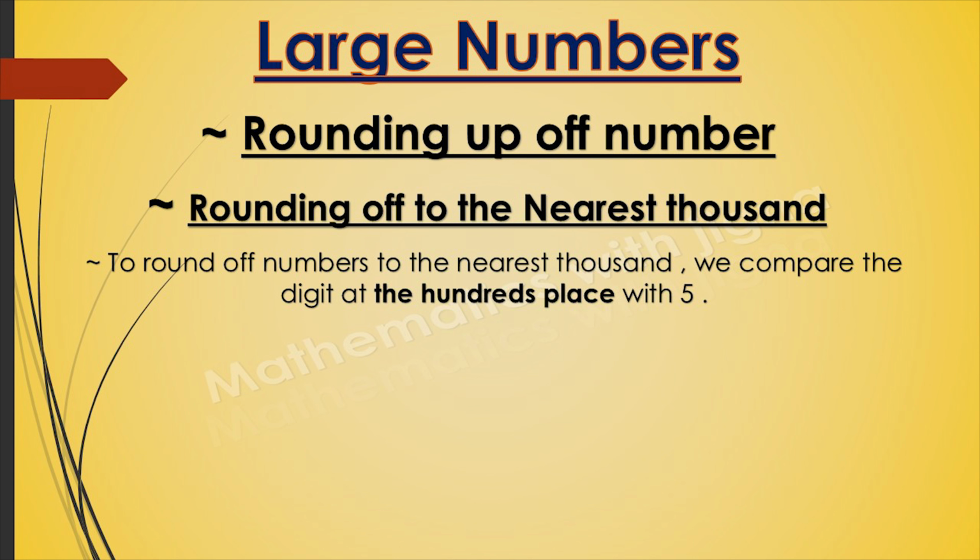And if the digit in the hundreds place is equal to 5 or greater than 5, then we round up the number by adding 1 to the thousands place and writing zeros in the hundreds, tens and ones places. Let's understand with the example.